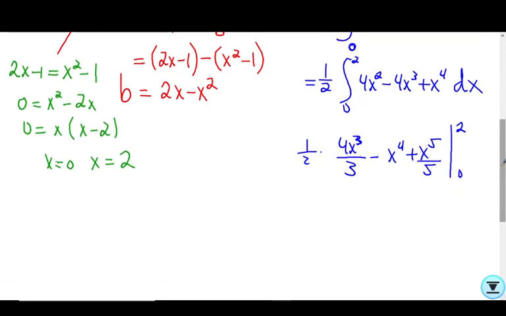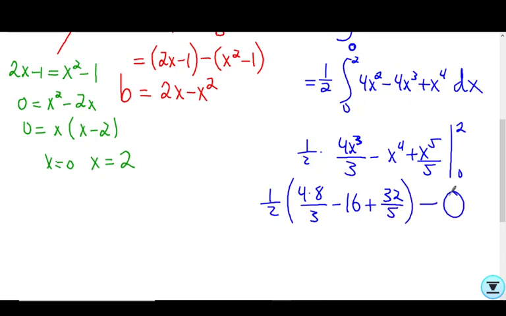The good news is I'm only going to have to plug in one of the limits, because when I plug in 0, I'm going to get 0. That makes my life a little bit easier. So we plug in 2, and we get 1/2 times (4 times 8 over 3 minus 16 plus 32 over 5) minus 0.